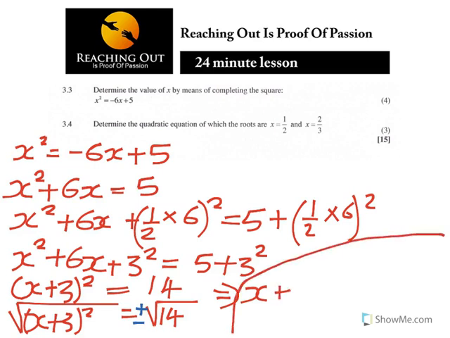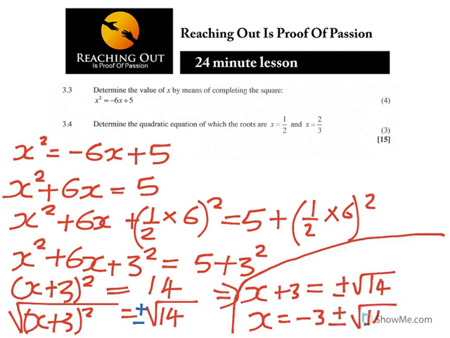X plus 3 is equal to plus or minus square root of 14. Therefore x is equal to minus 3 plus or minus square root of 14. This is what they mean by solving for x by means of completing a square. Now you get your 4 marks for that. That was question 3.3.